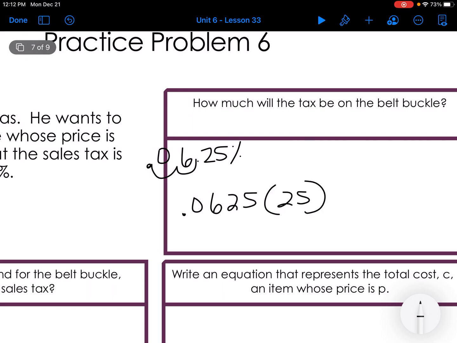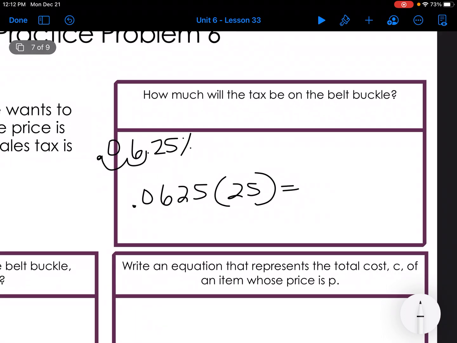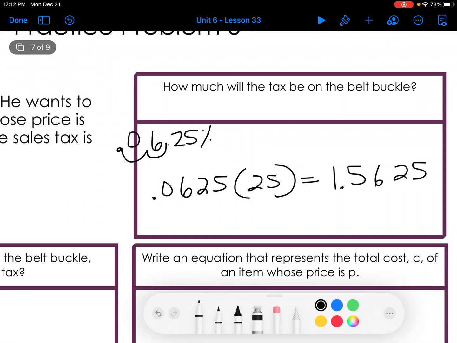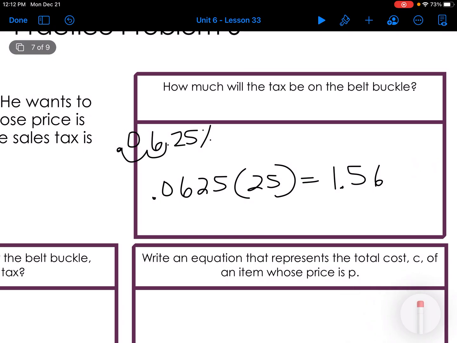Remember, when they're touching, that tells me to multiply. So I get 15625. And I know that I can only have 2 places behind the decimal in money, so it's $1.56 is going to be the tax.